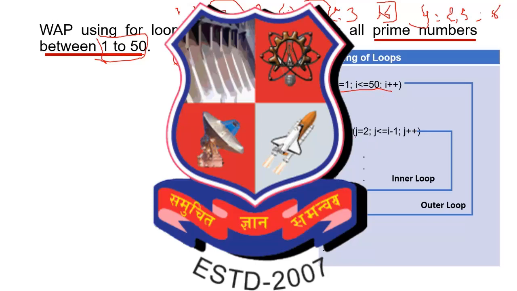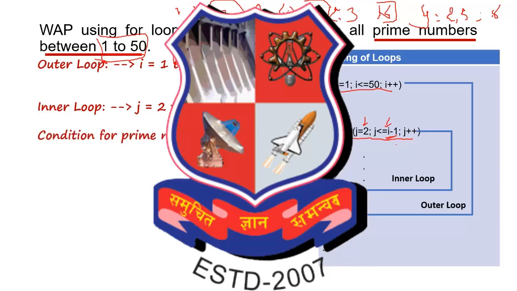Then I go for the inner loop with control variable j, initiated from 2 and ending at I minus 1, as we decided we have to leave 1 and the number itself. So the outer loop is for 1 to 50 and the inner loop is 2 to I minus 1.